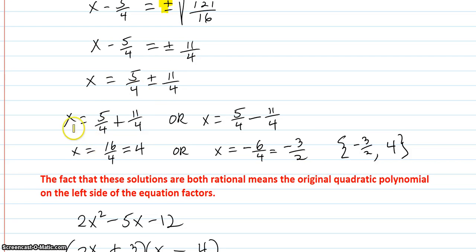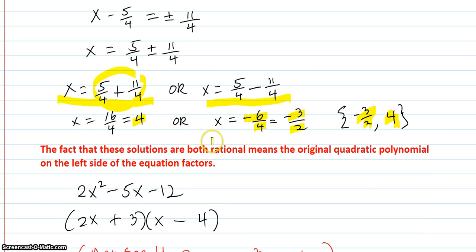So then you break it up at that point. X equals this, or X equals that. And then you add these together, and you get 16/4, which is 4. And over here it's 5 minus 11, which is negative 6/4, which is negative 3/2, reducing. So your two roots are negative 3/2 and 4.